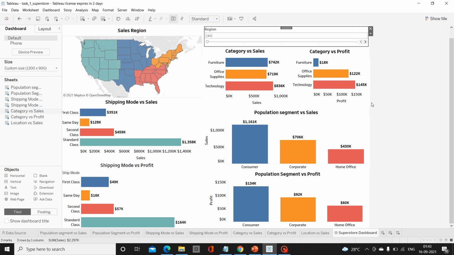So this was my analysis on the given dataset SampleSuperstore.